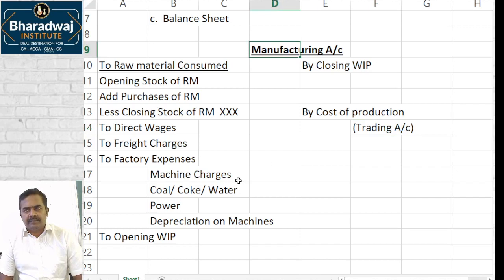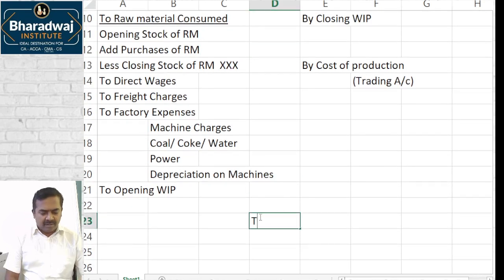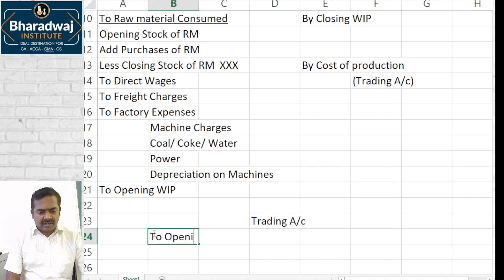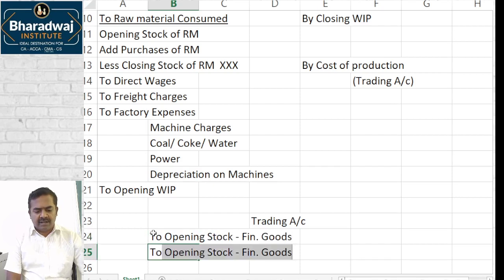Shall we? After this, as usual, the person will prepare which account? Trading account and P&L account. The difference in the trading account is simple. Here you will record only opening stock of which goods? Finished goods. Then we will record cost of production.